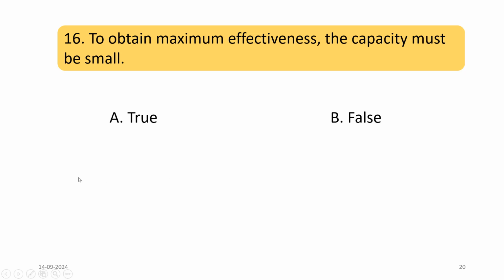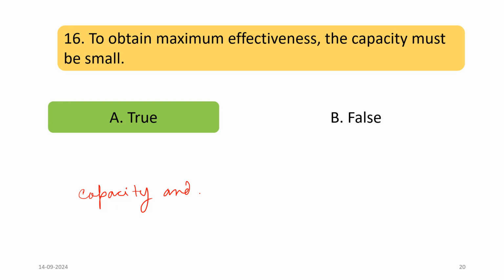Yes, it is true because capacity and effectiveness are opposite factors. So if some screen has high effectiveness, that means it can separate the oversized and undersized material very efficiently. That means the capacity of this screen is low.